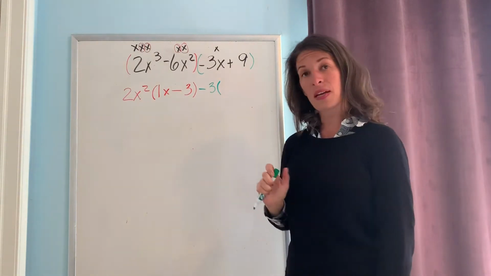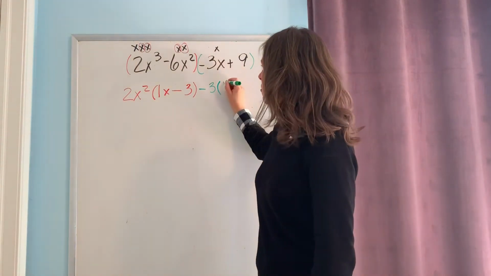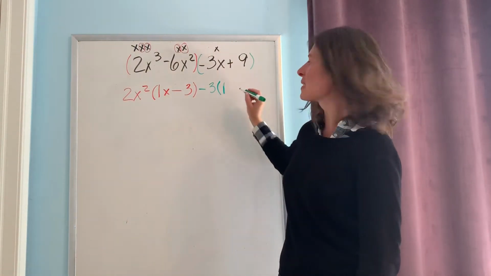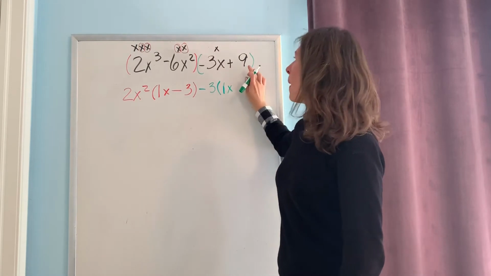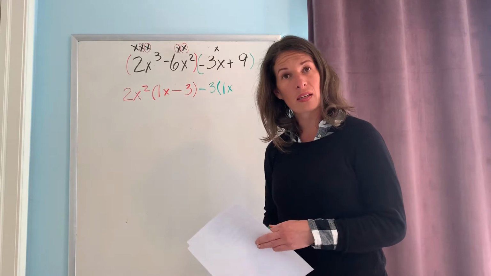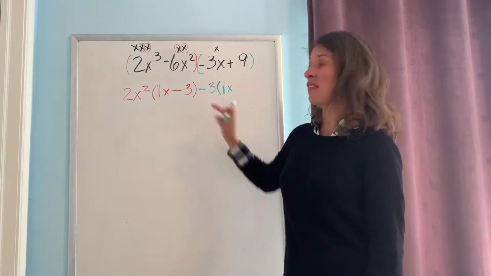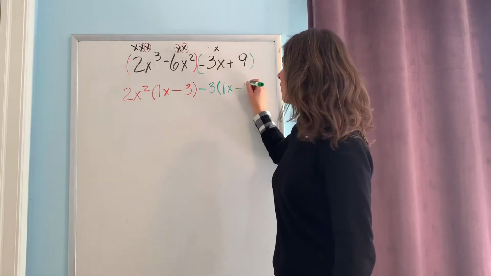Negative 3 divided by negative 3. Remember, a negative divided by a negative is a positive. So it's 1. And I have an x left. Plus 9 divided by a negative 3 is going to give me a negative number. Plus 9 divided by negative 3 is a negative 3.